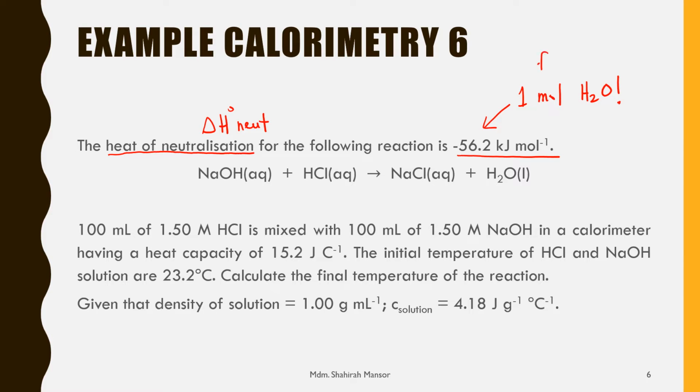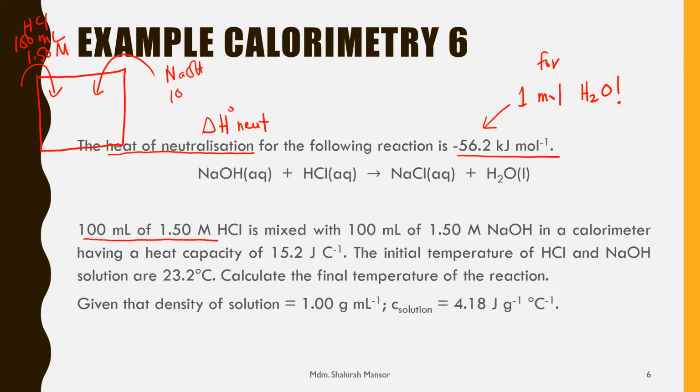So now, dalam this calorimeter kita akan campurkan sebanyak 100 ml of HCl with 1.50 molar. Okay, dan kita campurkan juga dengan sodium hydroxide volume 100 ml dan 1.50 molar as well.